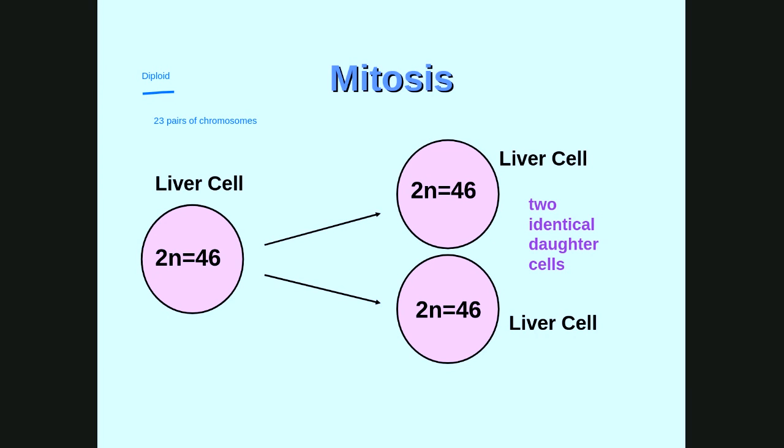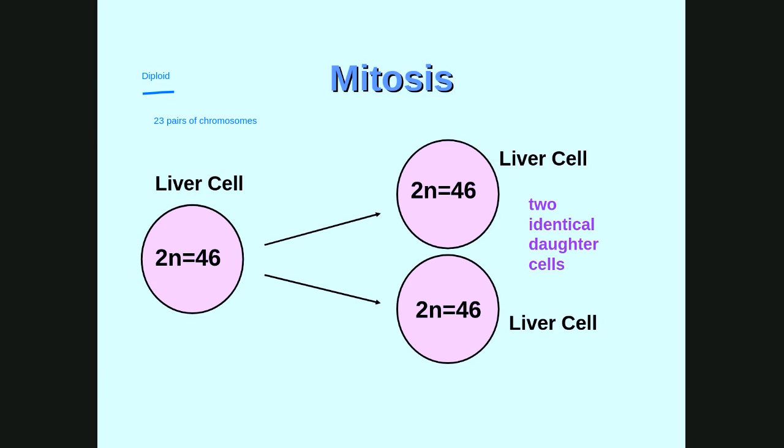So in our body only 23 pairs of chromosomes are present. It means we have 23 chromosomes and their 23 copies are present. It means 2n chromosomes are present. They are known as 46 chromosomes, and when they divide, they divide into two daughter cells, and both daughter cells have the same number of chromosomes.